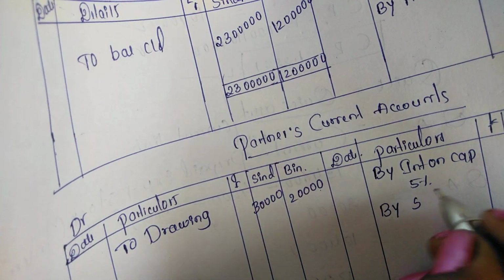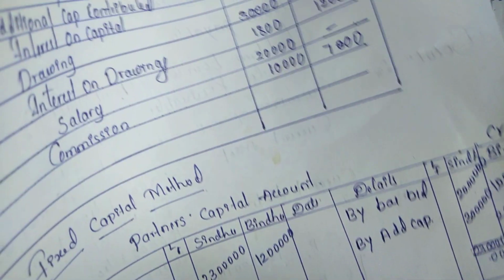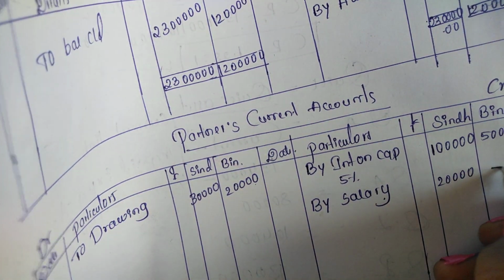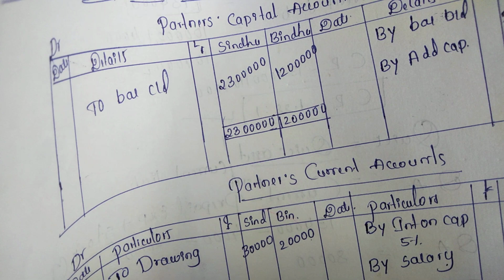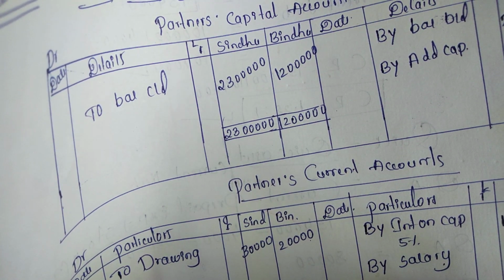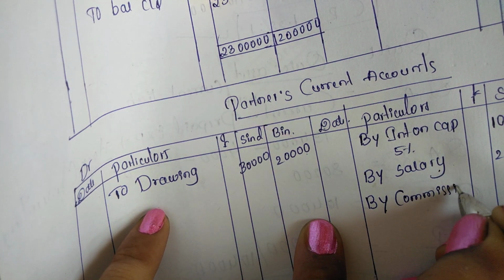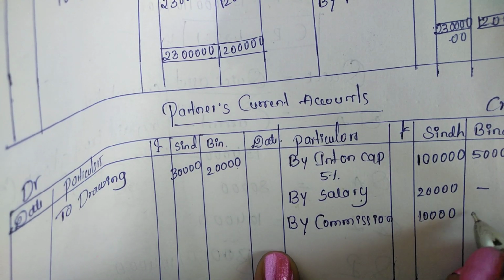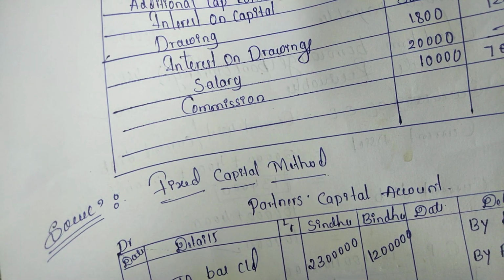By salary, the value of salary is 20,000, and the second column dash. The next item, commission. Sindhu 10,000 and Bindu 7,000. By commission, Sindhu 10,000, Bindu 7,000. All adjustments are completed here.